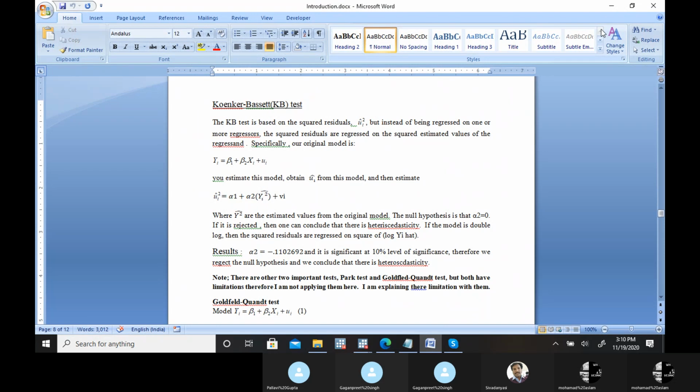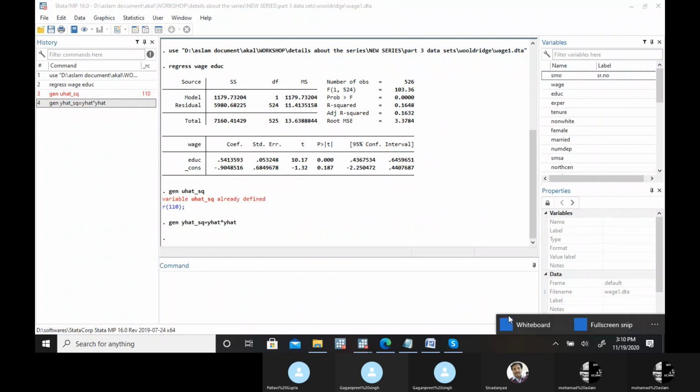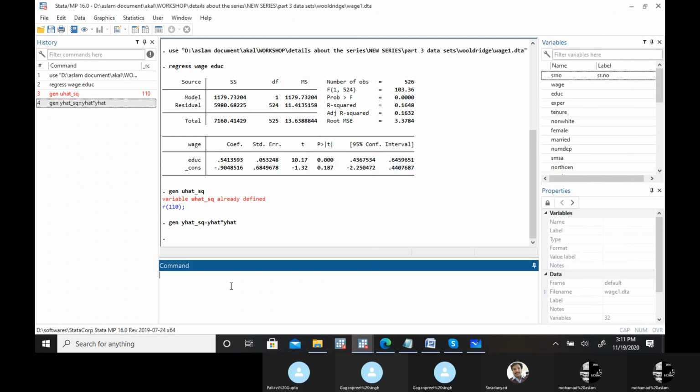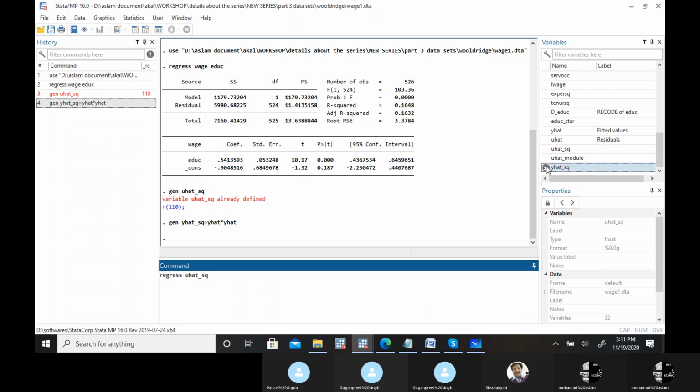So you can run this in Stata. Just for explanation, let me explain what exactly we are doing here. Regress U hat square on Y hat square.